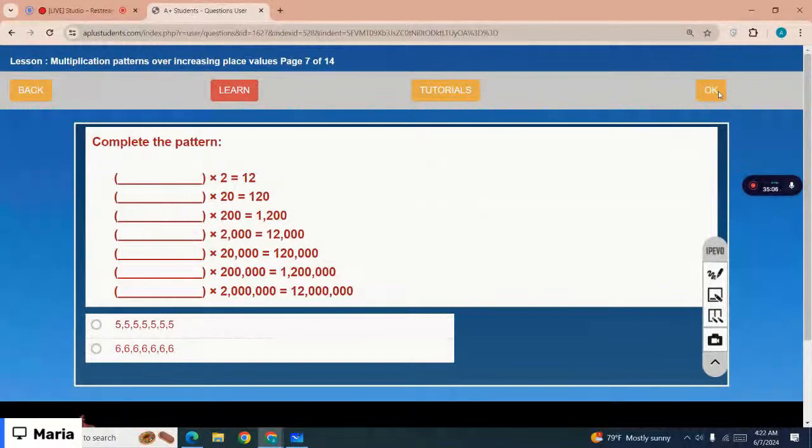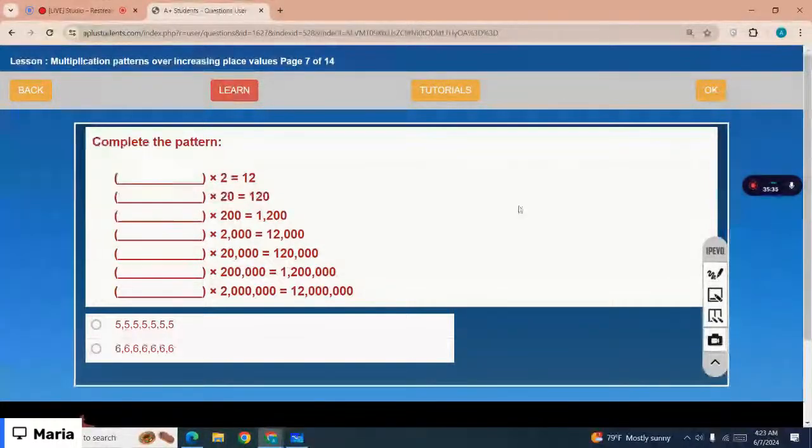Complete the pattern. So, which is the correct option? 2 times 6 is 12. Yes, that's option number 2.